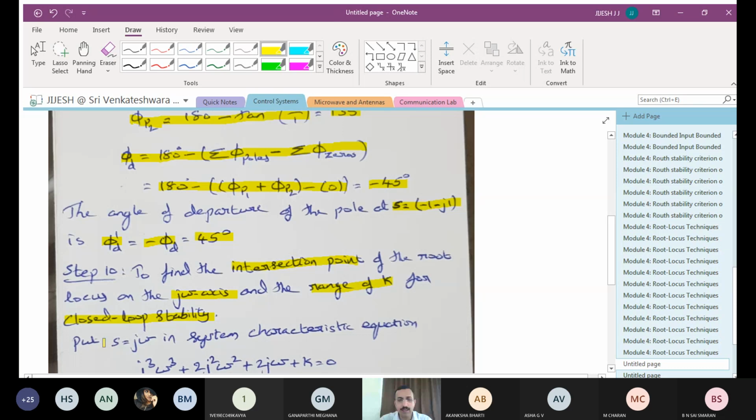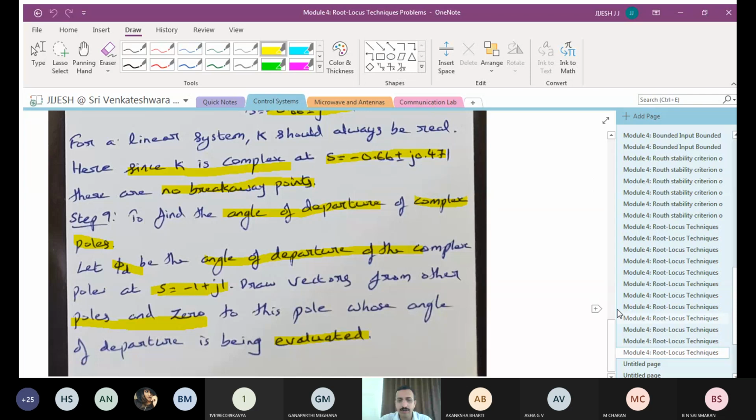So we have to substitute S is equal to j omega and we get the characteristic equation. You have the characteristic equation which you have written already.